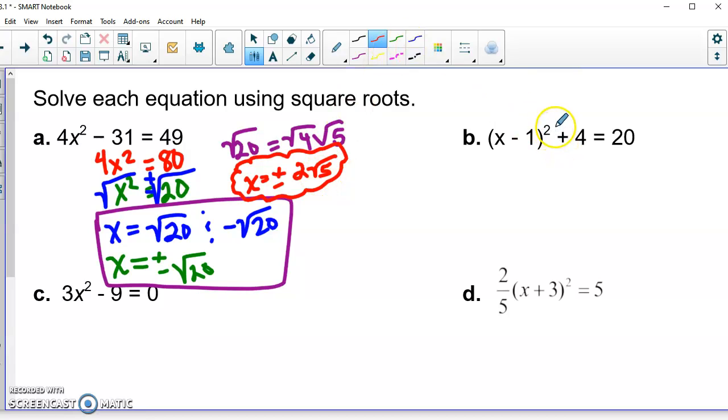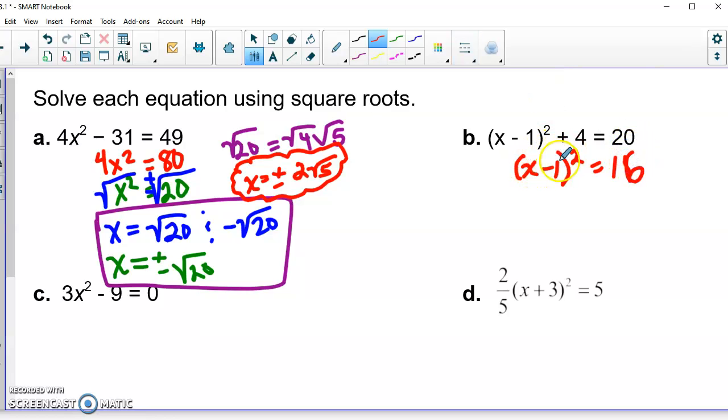All right. Let's look at this next one. We've got x minus 1 quantity squared plus 4 equals 20. So again, we're going to isolate that squared term, which is in a relationship with that minus 1 and then squared. So we're going to get that isolated first by subtracting 4. And then we've got a square root to take now.